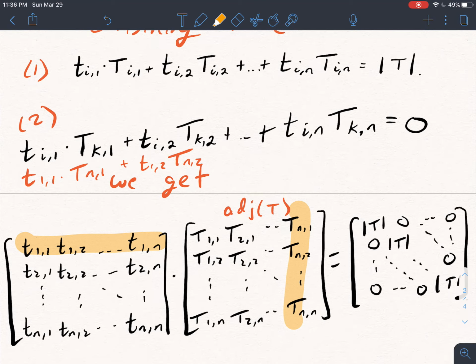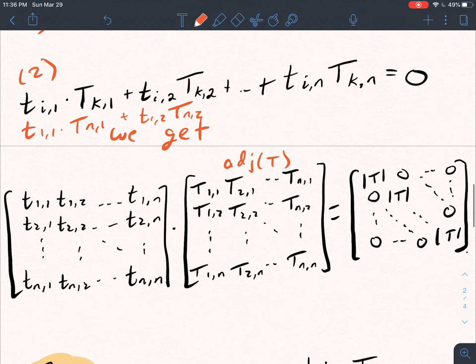And so this is giving me exactly equation 2 here, just with i equal to 1 and k equal to n. And therefore all of our off-diagonal entries should just be equal to 0 here. Okay.